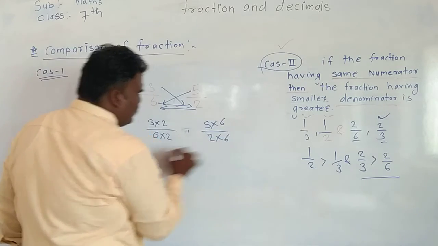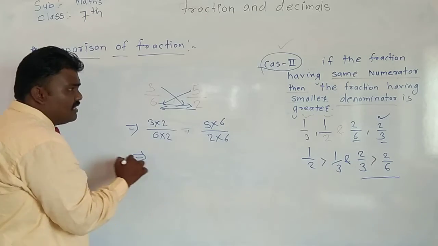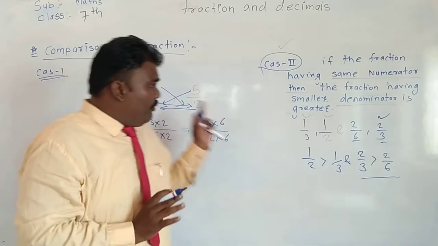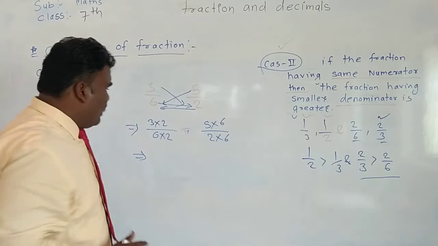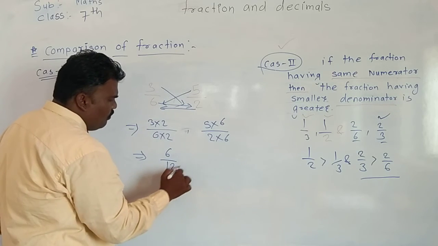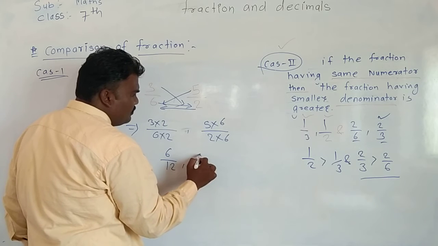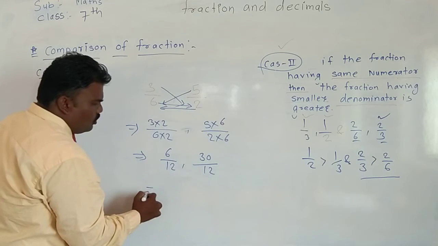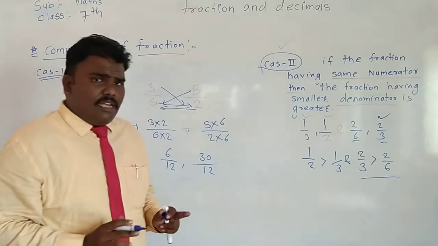If we do the cross multiplication, then our denominators will be the same. In these cases, we have to make the denominators the same. So 2 3s are 6, 6 2s are 12, 5 6s are 30 and 2 6s are 12. So now we have made the denominators the same.